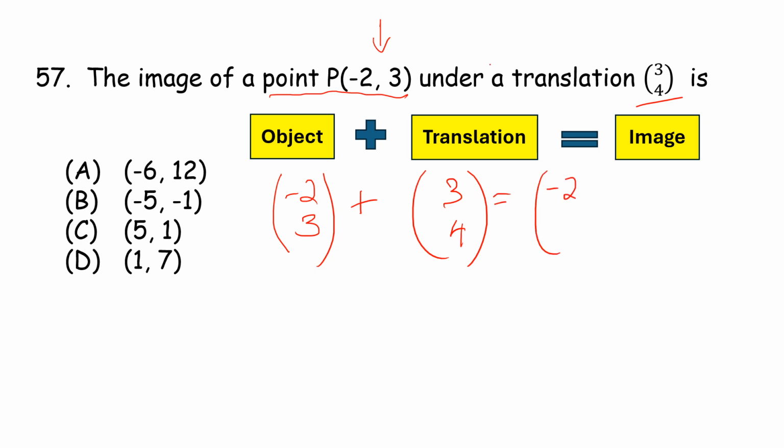So we get -2 plus 3 and 3 plus 4. The bigger number is positive, so we get positive 1, since 3 minus 2 is 1, and 3 plus 4 is 7. So the answer is D.